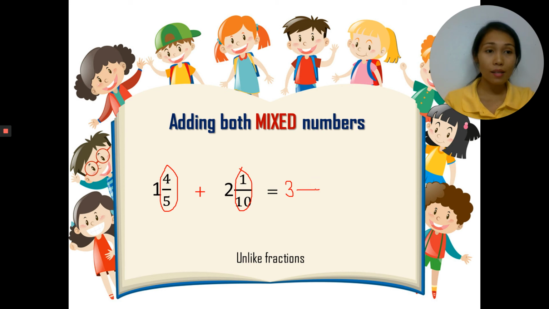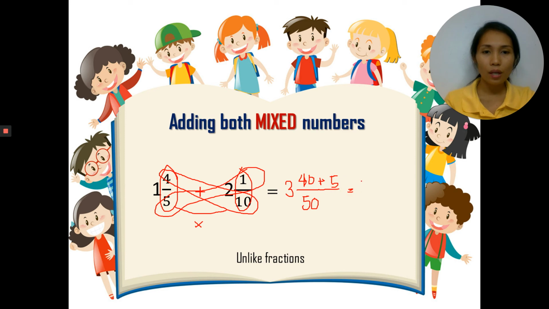Let's try the easy method, the cross multiplication method. For the denominator, you multiply 5 times 10 equals 50. Now 4 times 10 equals 40, plus 1 times 5 equals 5.